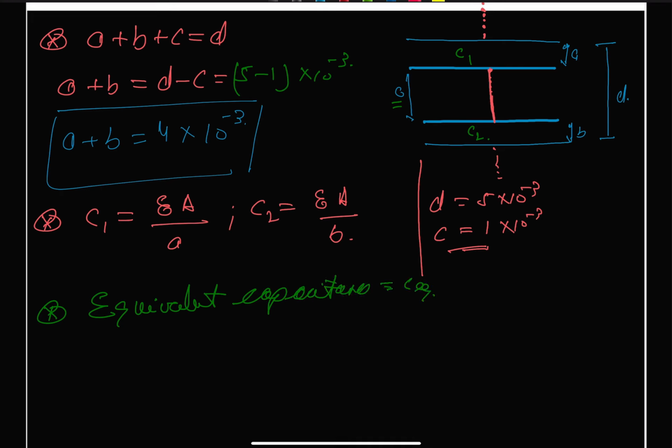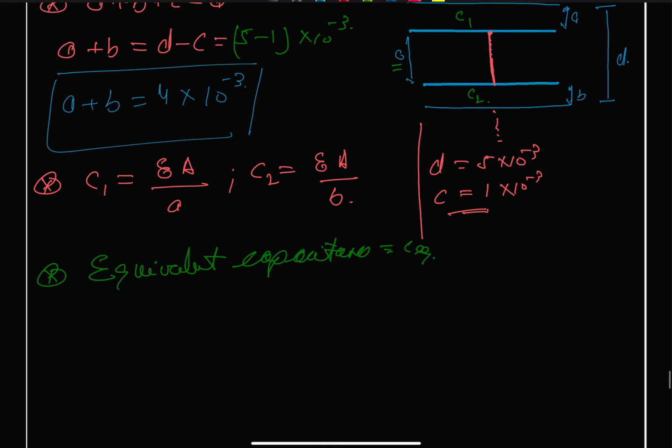So 1 upon C equivalent is equal to 1 upon C1 plus 1 upon C2. This gives us A plus B upon epsilon naught A, whose value we already know.